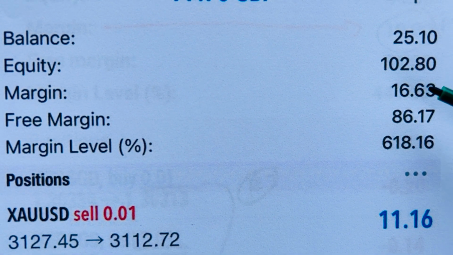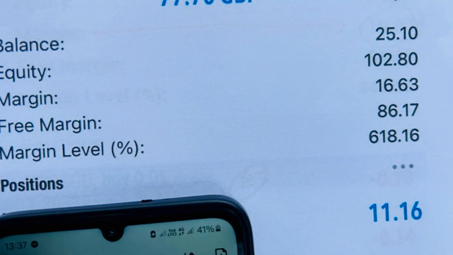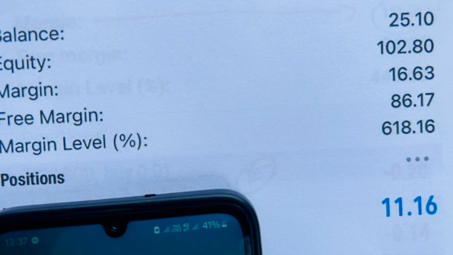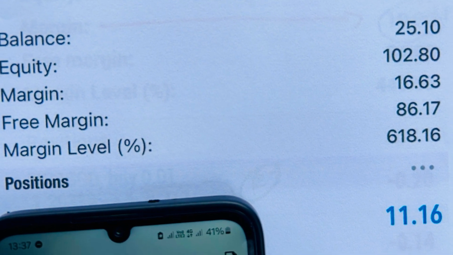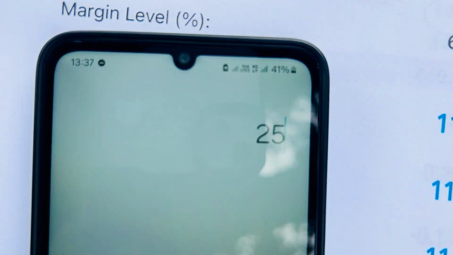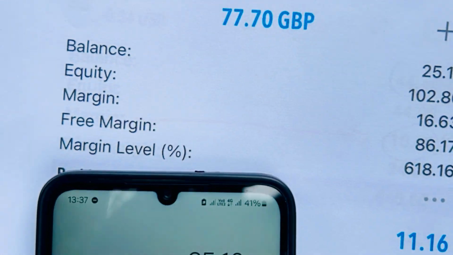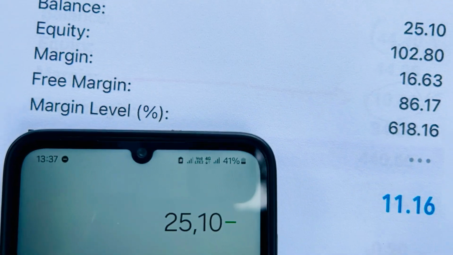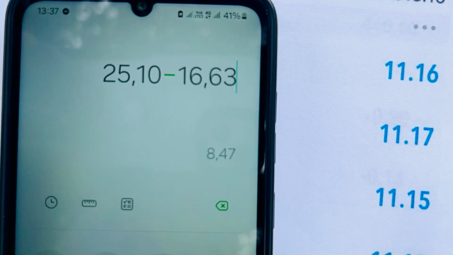Now the margin here is 16, which is, if right now you minus the 25, let's actually do the calculations together so that you can see what's happening here. If right now we minus the 25, we say $25.10 pound, because this is a pound account. We minus the 16.63, right?